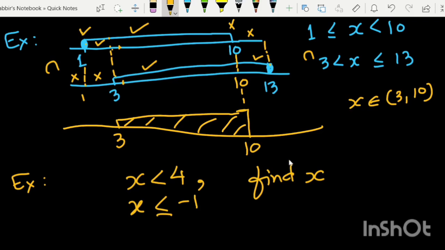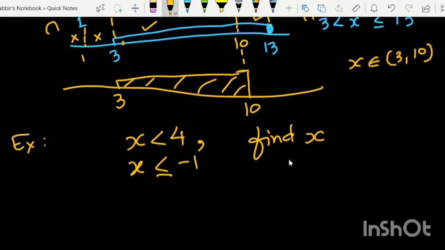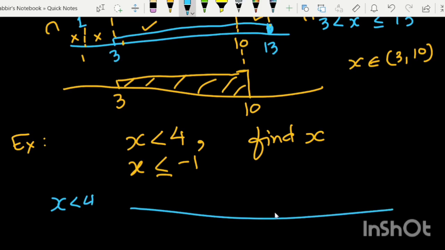We will plot it on the number line, we will draw perpendiculars, and we will find the common solution. If you have done some good practice, doing it mentally also won't be an issue. So plotting x less than 4 first, drawing the number line, we mark 4 here.